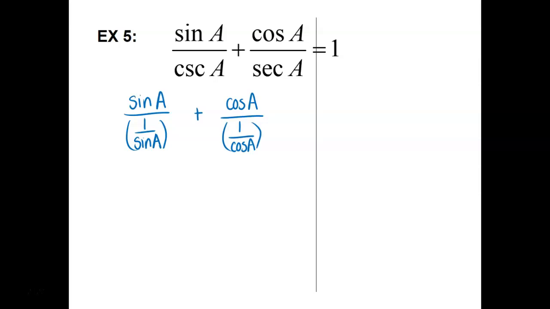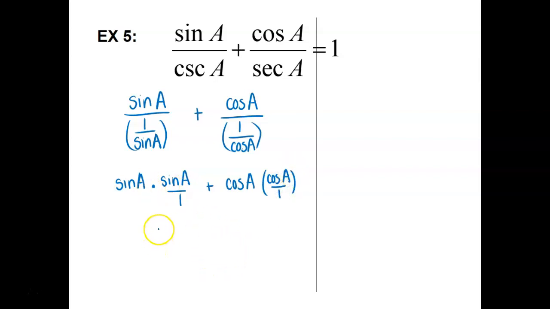Okay, and then I've got those complex fractions, which I don't like to have, so dividing fractions is easy as pie. Flip the second and multiply. So right here I'll have sine A times sine A over 1 plus cosine A times cosine A over 1.